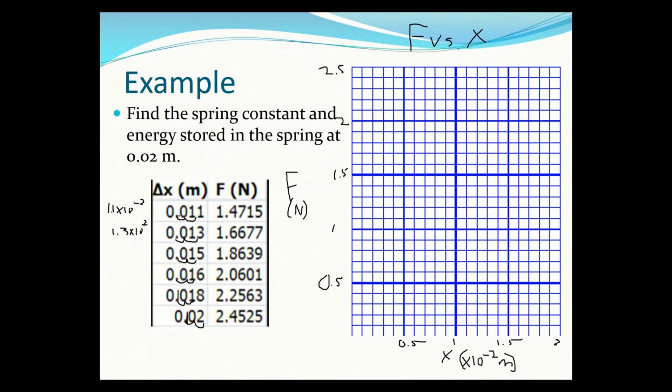So we have 1.1 and 0.47 to 1.314. So that's going to go there. And then we have 1.3 and 1.66.